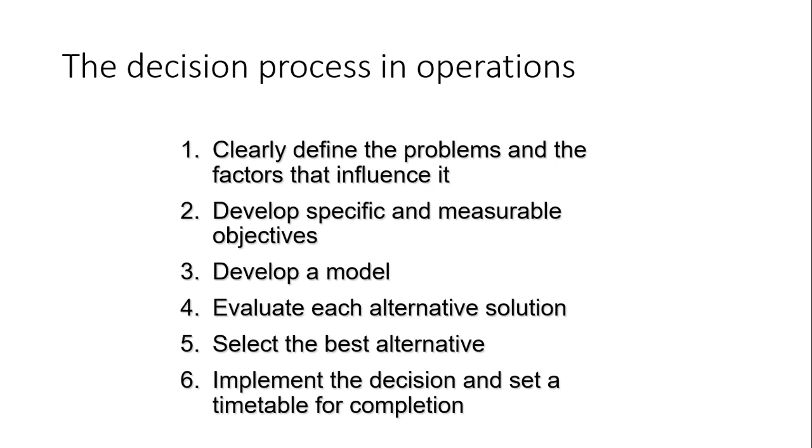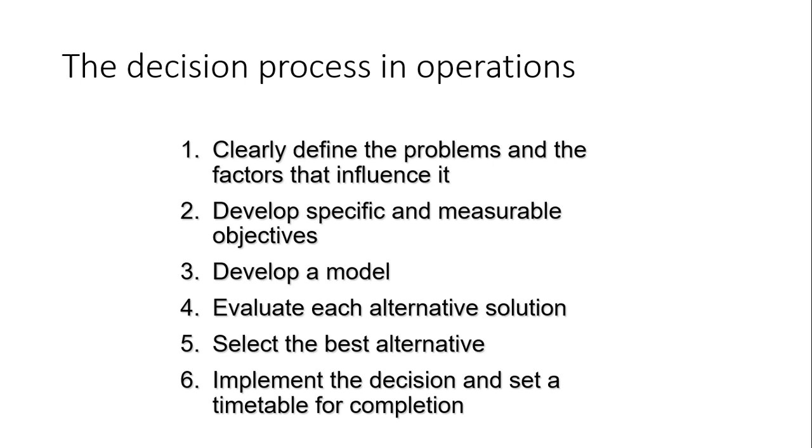Decision process in operations. Clearly, we will define the problem and the factors that will influence it. This is the first point that you must put in order to define your problem. Define it clearly, and then after defining your problem, you will have such alternatives.